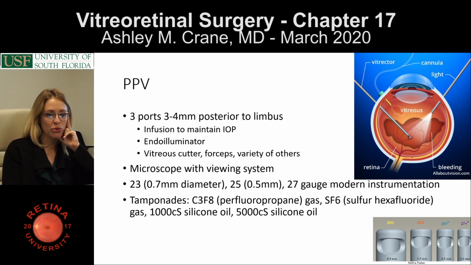There are 3 ports used to do a pars plana vitrectomy. First, there is an infusion, and it usually goes inferior in the pars plana, about 3.5 to 4 millimeters posterior to the limbus.